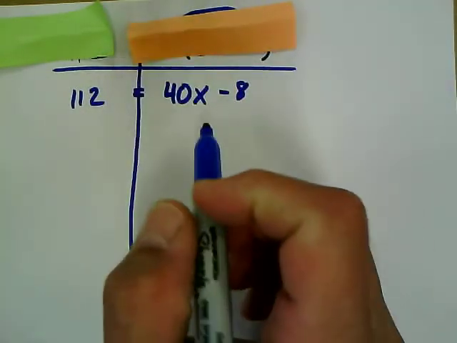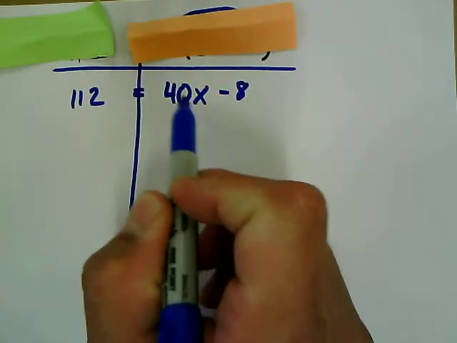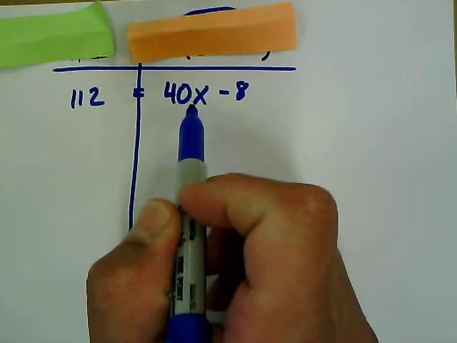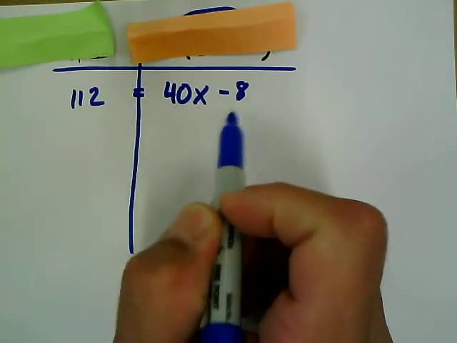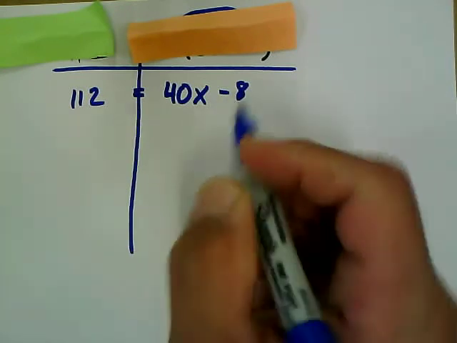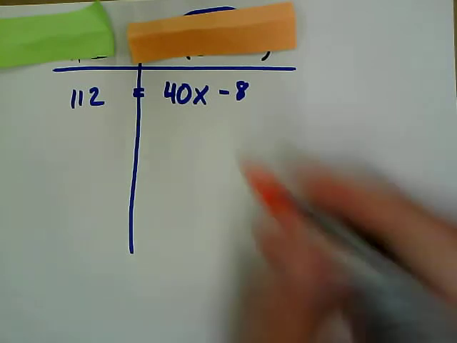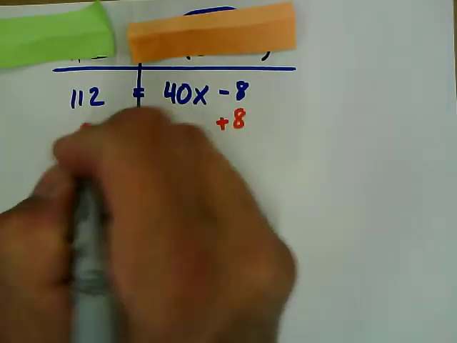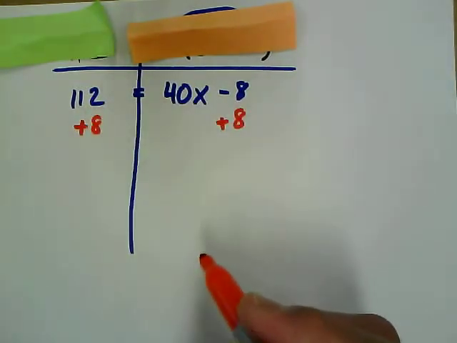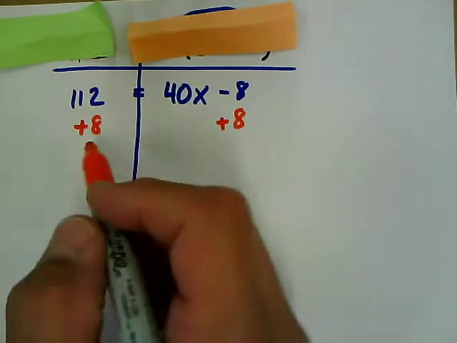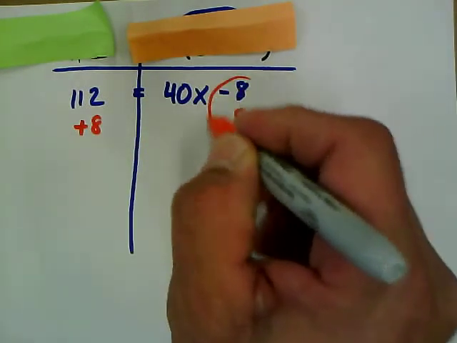So we're going to go to that add, subtract. Well, the 40 is attached to the x, so that means multiplication. That's 40 times x. We're going to look at this minus 8, and we're going to add 8. Add 8 to both sides of the equation. When we get to those last 3 steps, what happens on one side happens on the other.